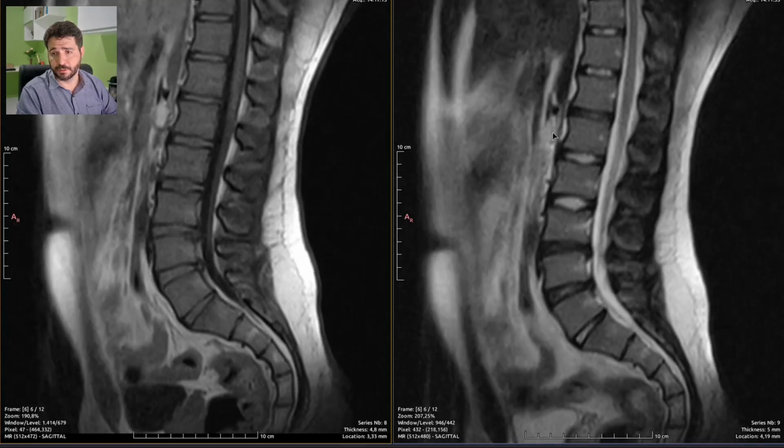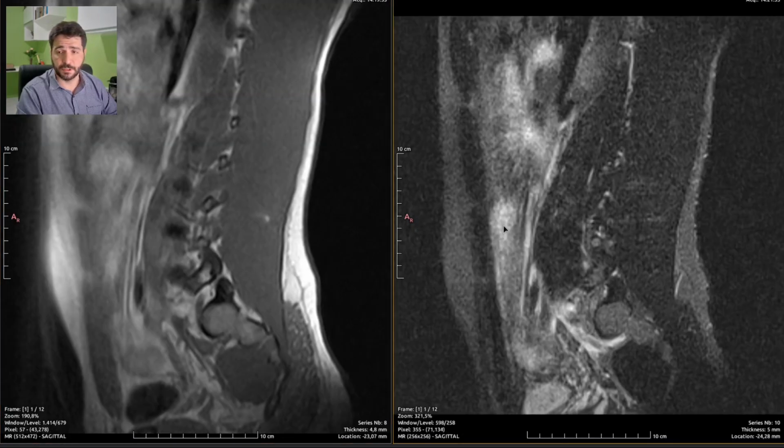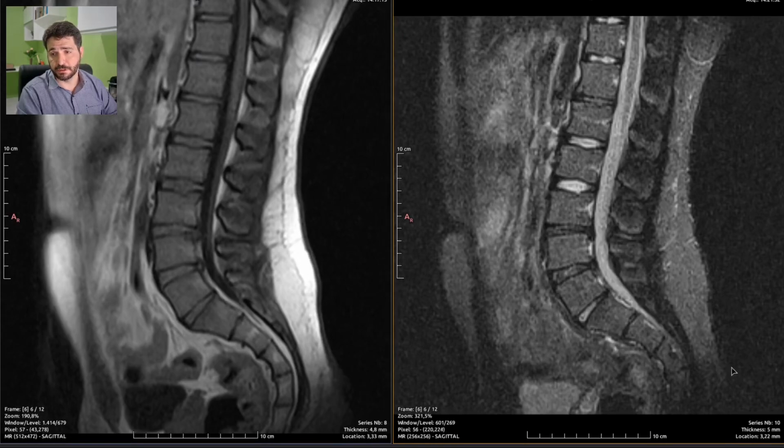In T2 liquid weighted images, fat is bright and liquid is bright also, unless of course you do a fat saturation sequence, an inversion recovery pulse to saturate fat.